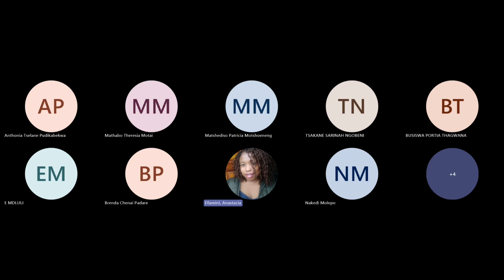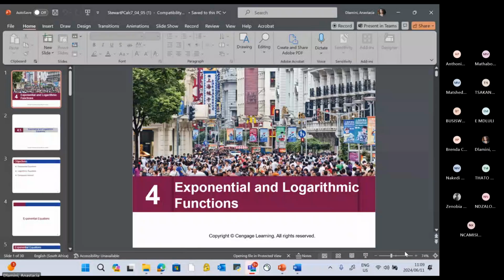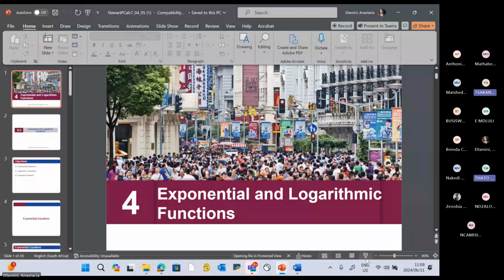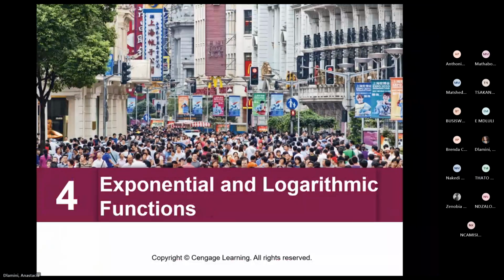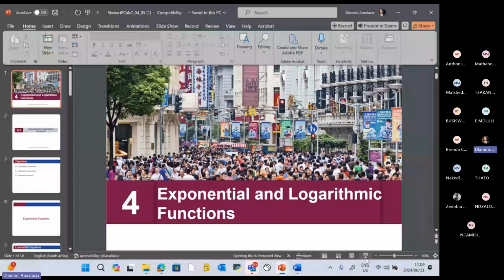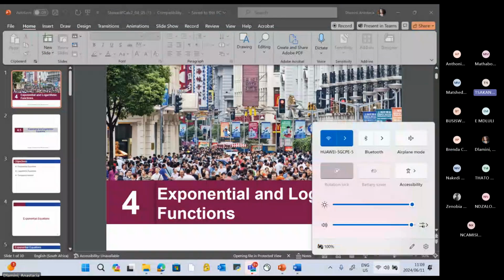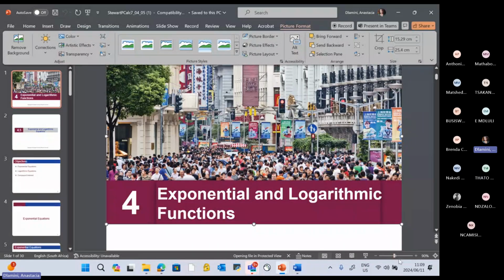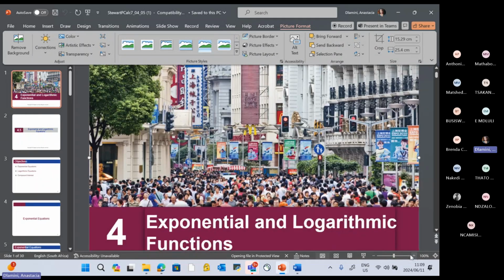Are you able to see now? Yes, ma'am. Can you increase the volume, please? Can you hear me now? I can hear you. I think it might be on your side because I've increased the volume on my side.